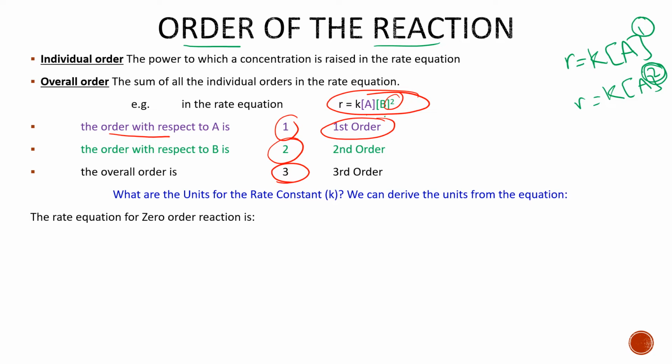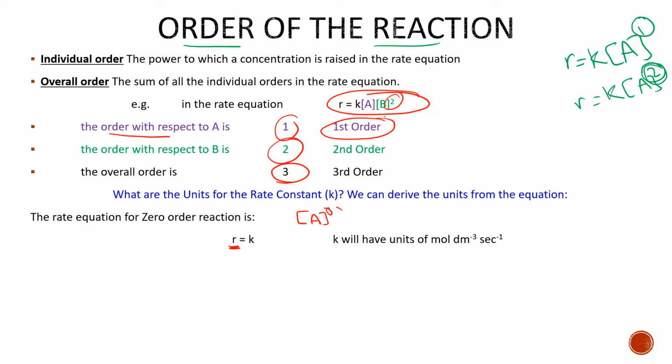Zero order reaction is scenario number 1 that we have mentioned earlier. The rate of the reaction is not proportional to the concentration of the reactant, one of the reactants. This is called zero order. What does it mean? Again, concentration of A is raised to 0.